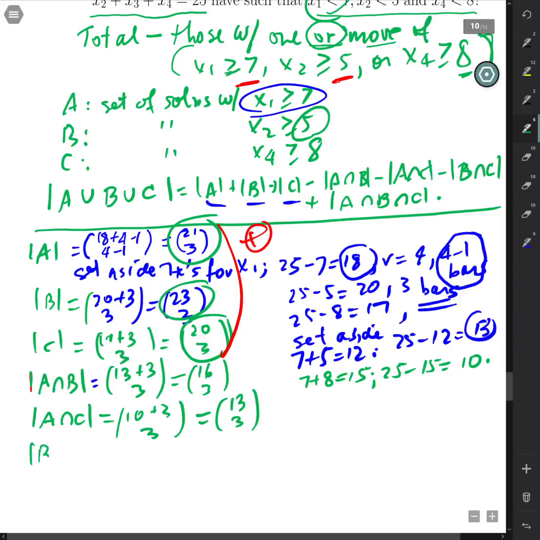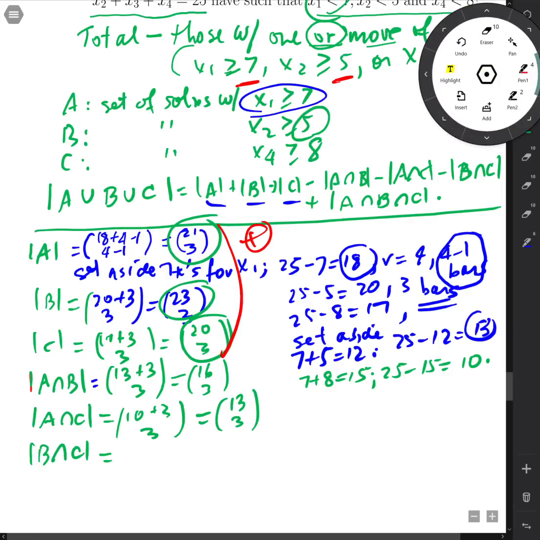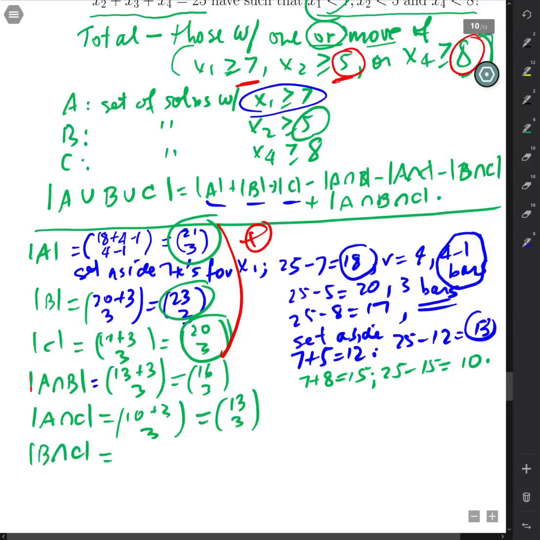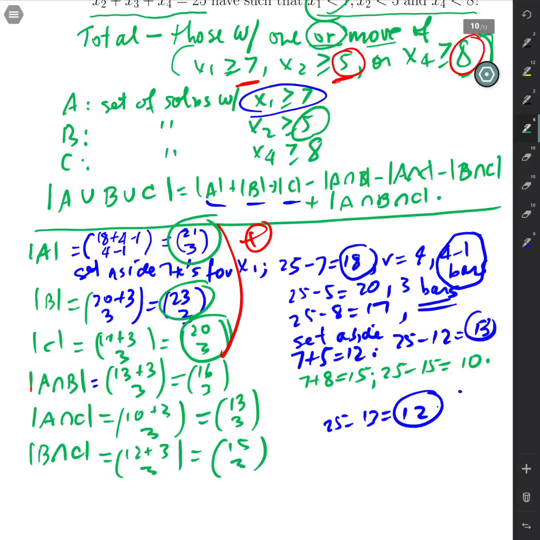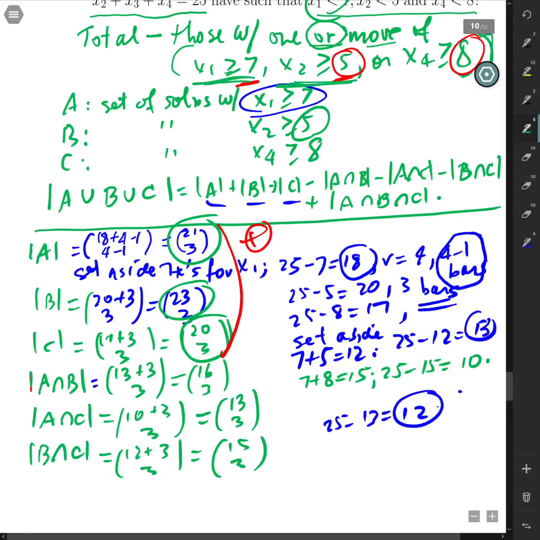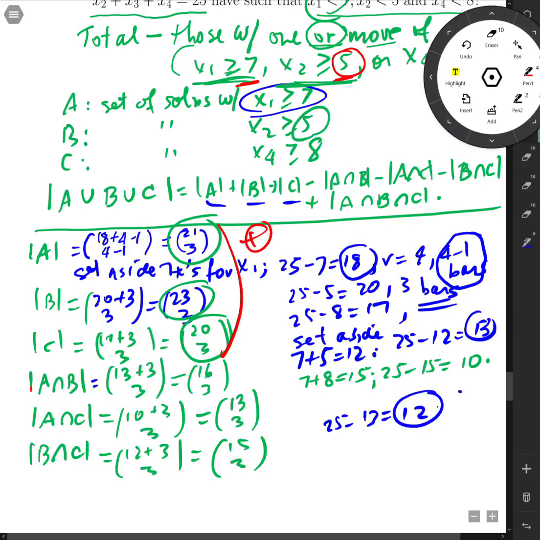And then B intersect C. For B intersect C, we are setting aside 5 and 8, which is 13. 25 minus 13 leaves 12. So that will give us 12 plus 3, choose 3, which is 15, choose 3. So those are all of the intersections 2 at a time, where we're imposing 2 of these conditions at once. And there's 3 ways to do that. These ones right here account for the double count, and so we're going to take those out.